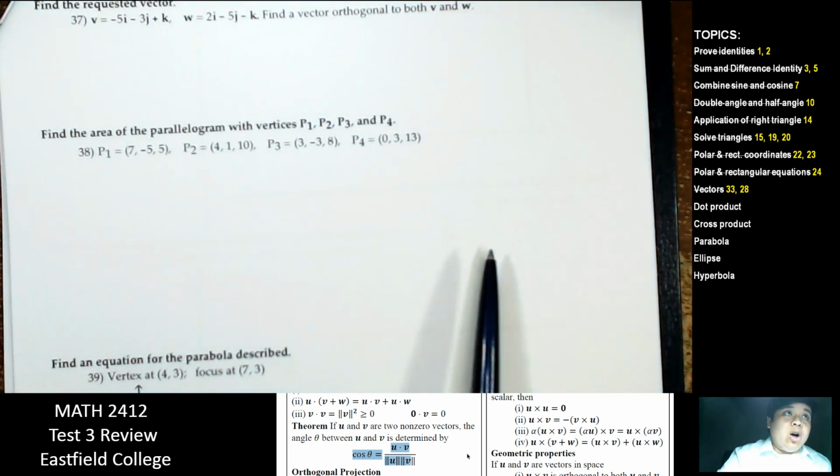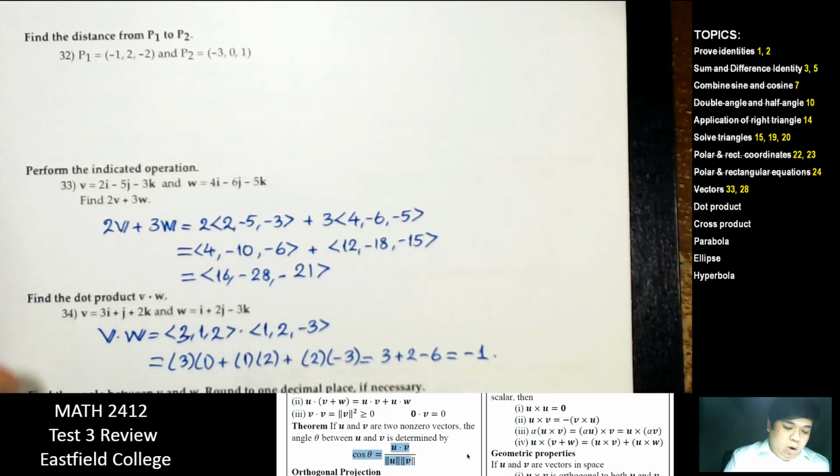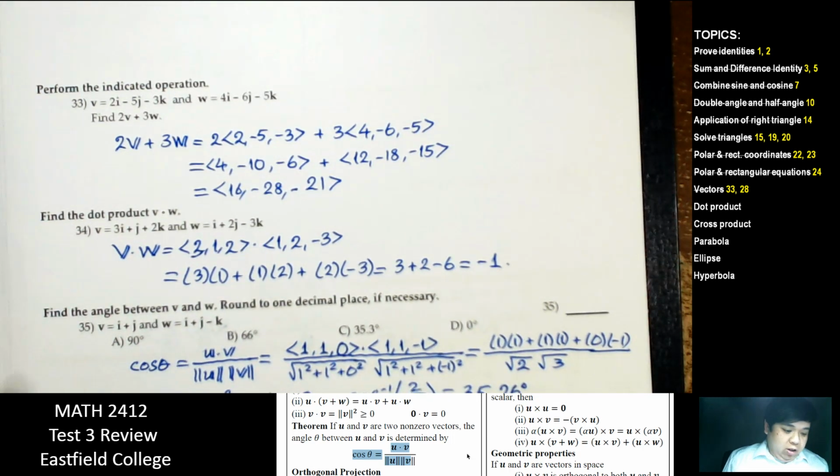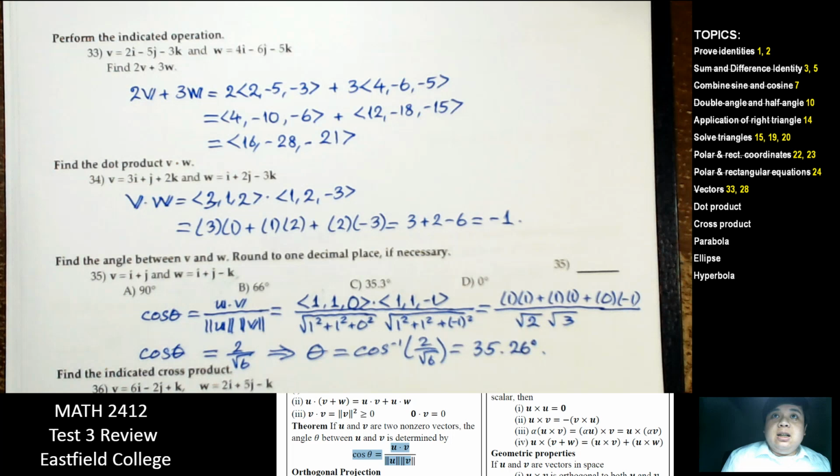Next we'll go to the cross product. Cross product, pretty much we have again the formula, and you need to know those formulas. Dot product we did 34 and 35.